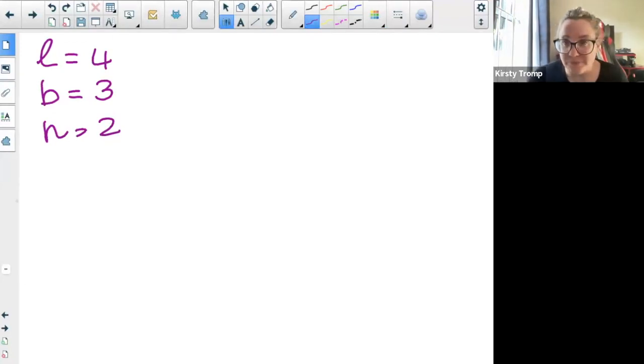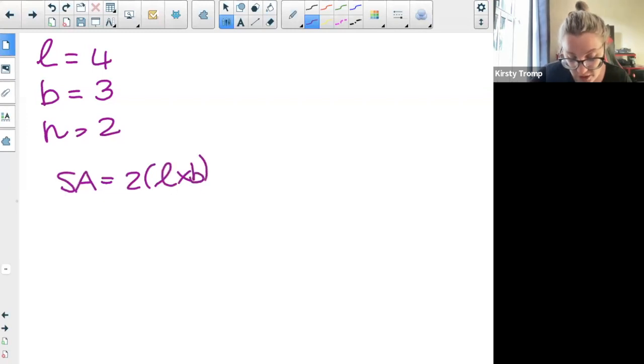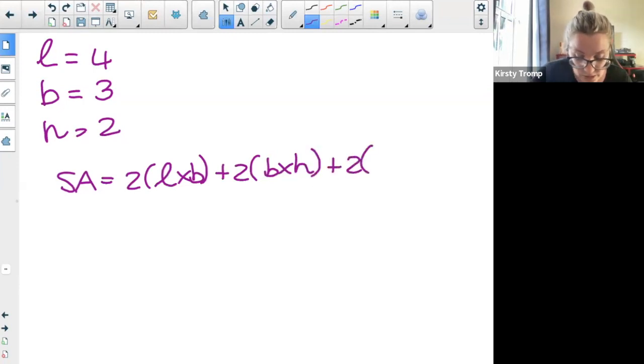Now, what do we want to do next? We want to look at the surface area. Surface area is 2 length times breadth, plus 2 breadth times height, plus 2 height times length.